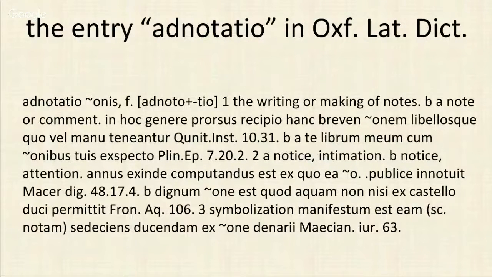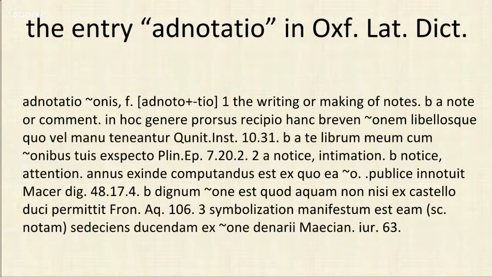I give you a first example of an entry, the word annotatio, which means annotation, in a bilingual dictionary, the Oxford Latin Dictionary. And what you see on your screen is the text of this entry without any typographical markup.